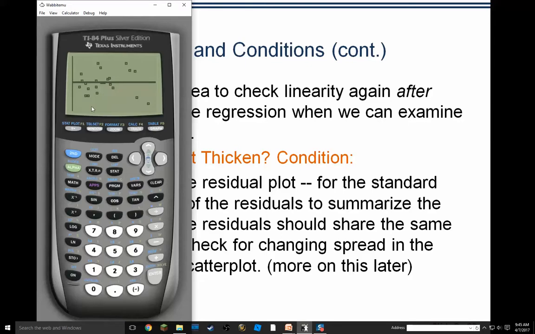When we look at a residual plot, we should see a scatter. We should see like a sneeze on a page, where everything goes out and scatters randomly. We should not see a pattern. If we see a pattern, that is a sign that we do not have a linear model.